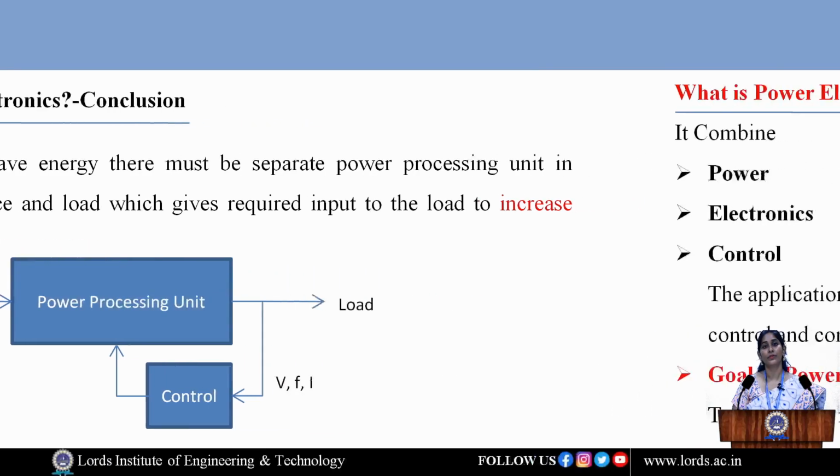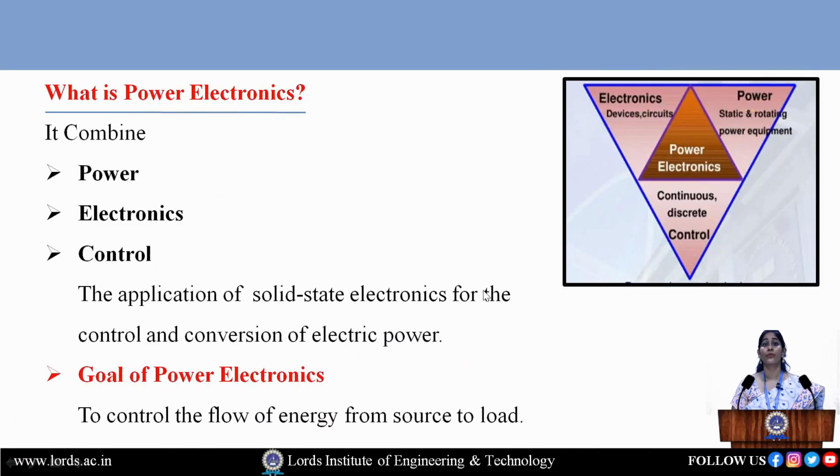Then next I would like to talk about what power electronics is, first of all. In the name itself you can see there are two parts, power and electronics. We know electronics deals with low power ratings, and with power we are talking about high power ranges. So it normally combines three parts: power, electronics and control.